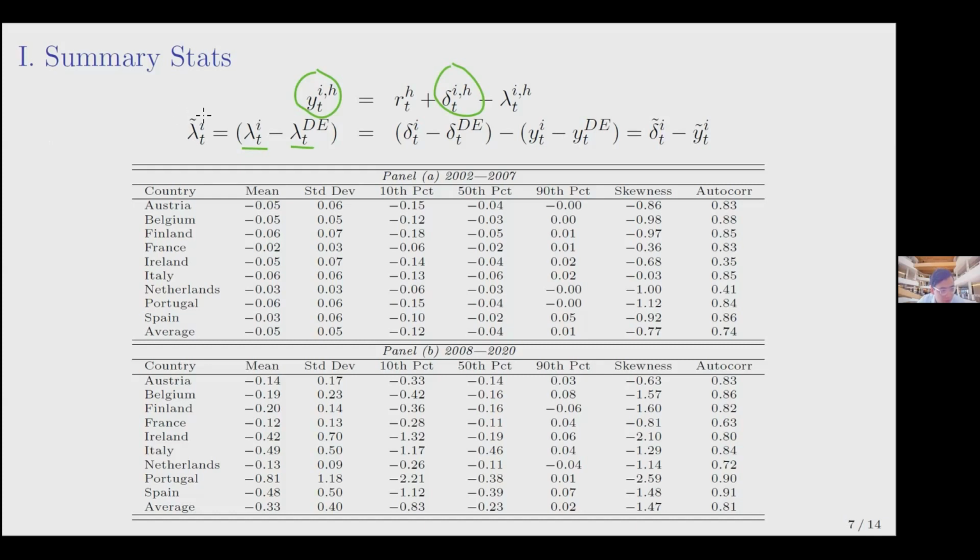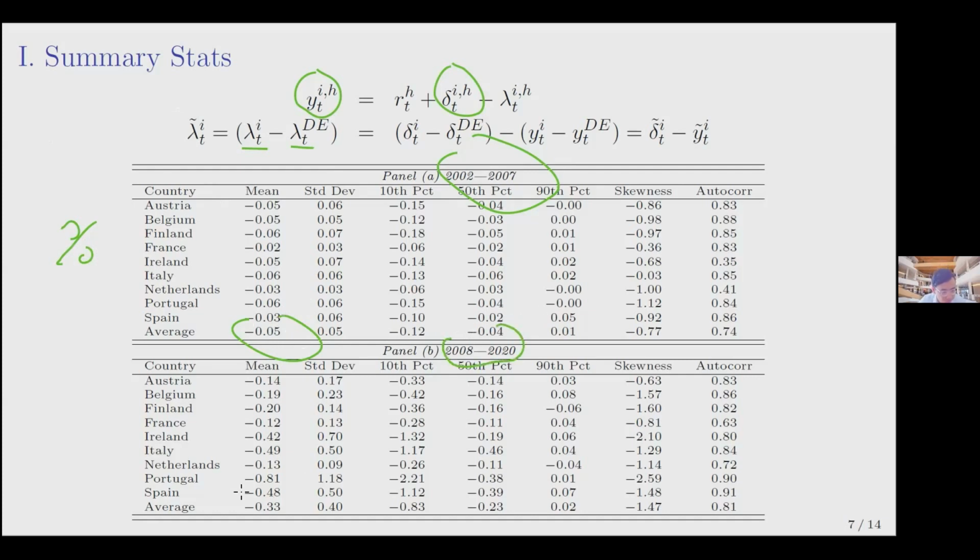In particular, I have this tilde notation to denote the difference between country i and Germany. We note that before 2007, the average convenience yield between each country and Germany is pretty small. The average is only -5 basis points. This is all in percentage terms.